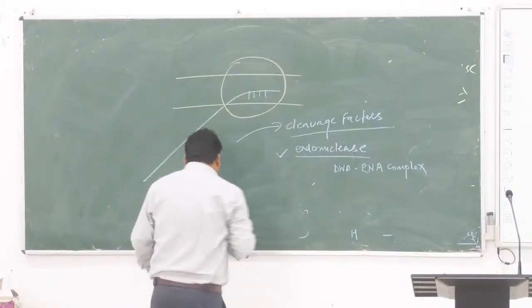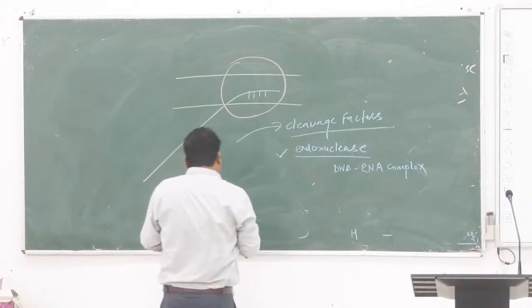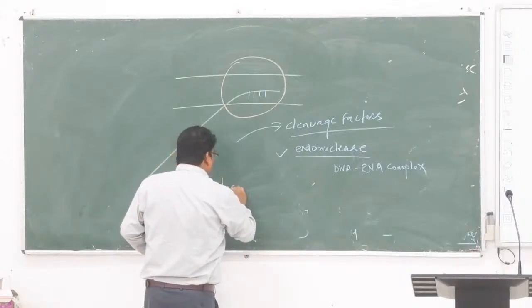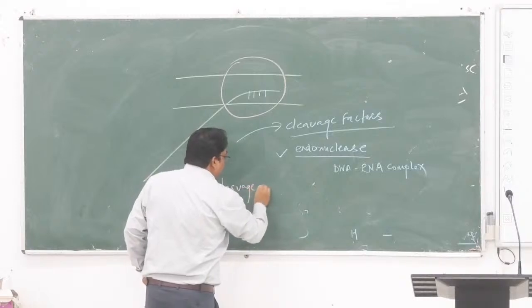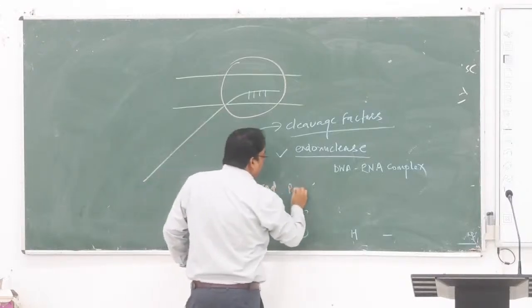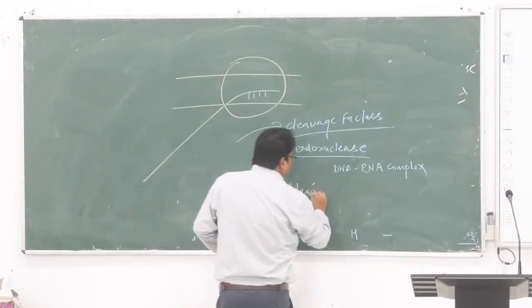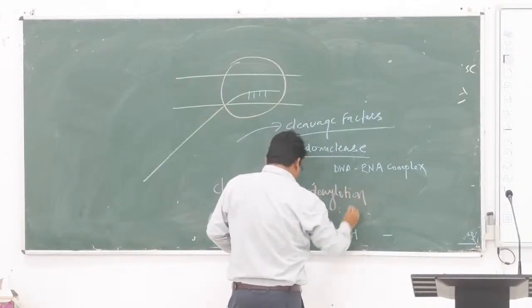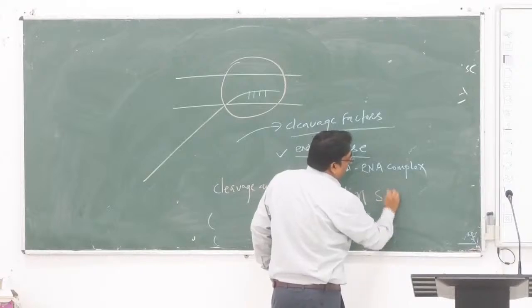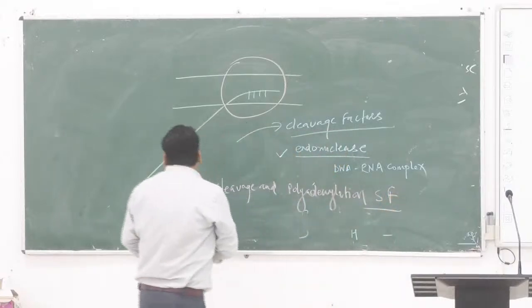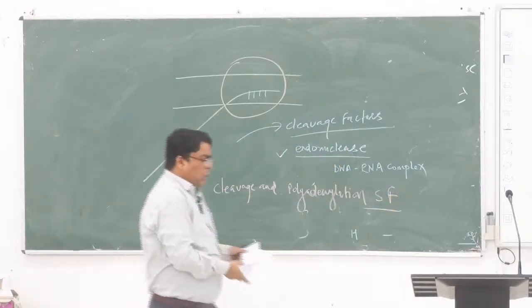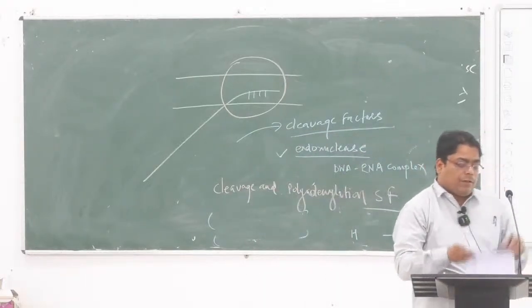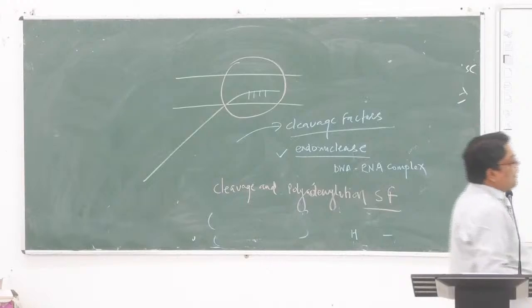Lastly, termination. By some cleavage and polyadenylation specific factors, these all are the things which lastly terminate these chains of RNA.